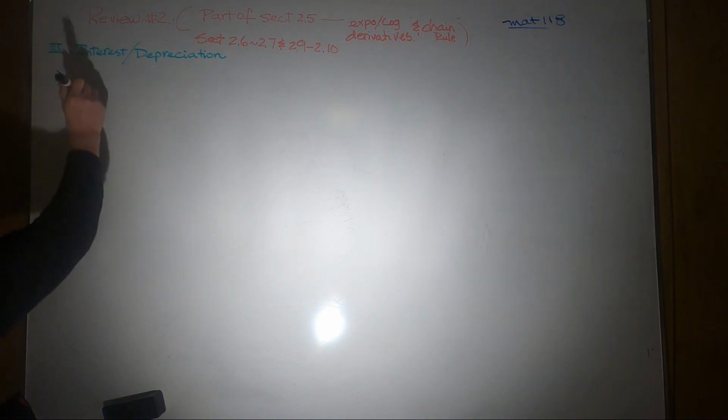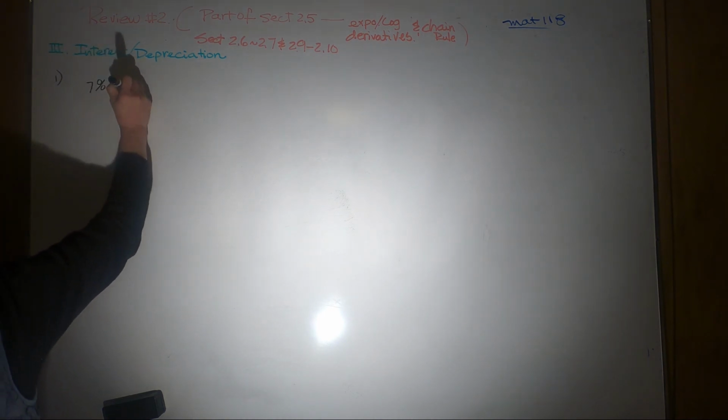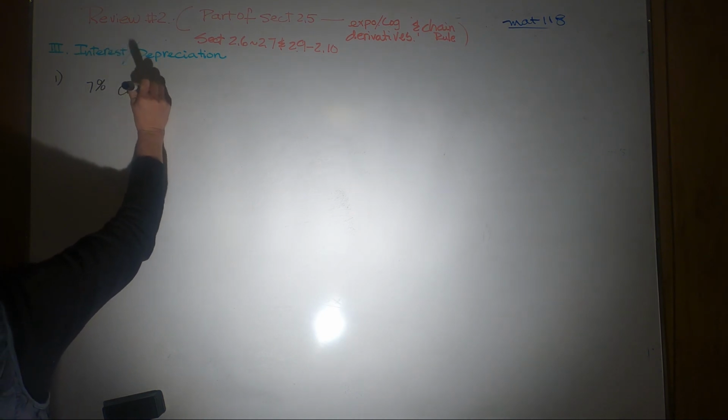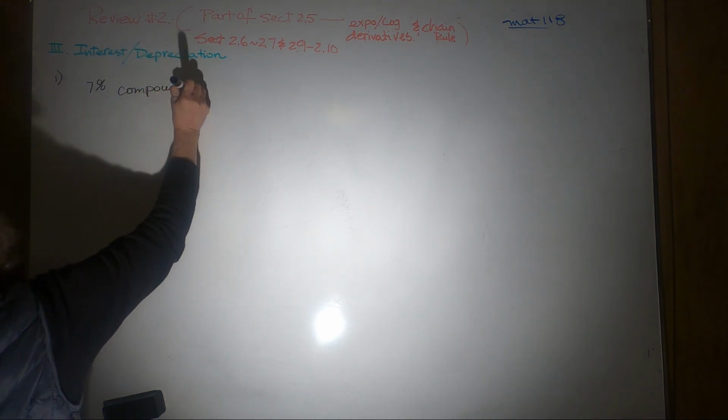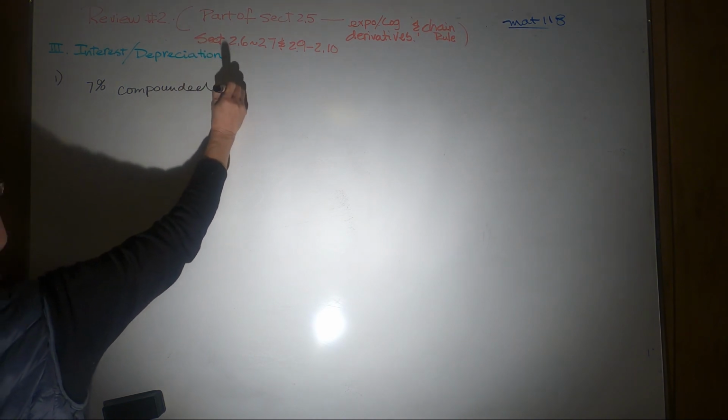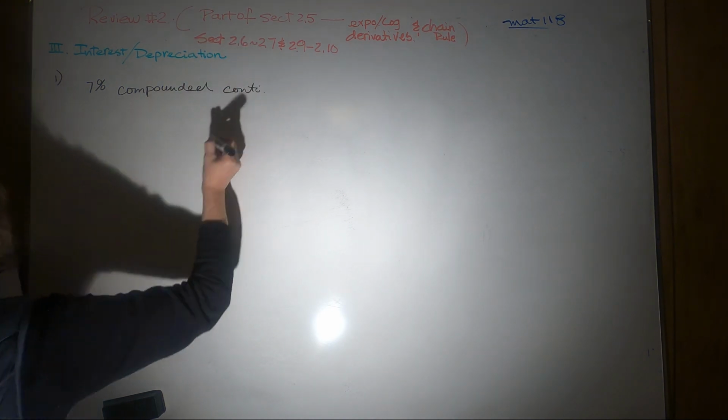One more thing will be on your test. It's about interest and depreciation. Okay? So let's practice some more. First one, about interest. A bank account grows at 7% compounded continuously.